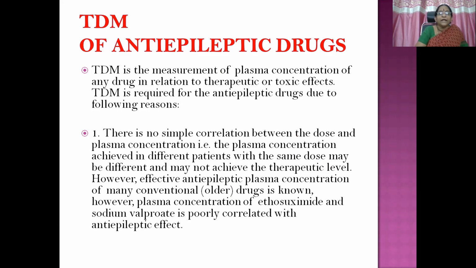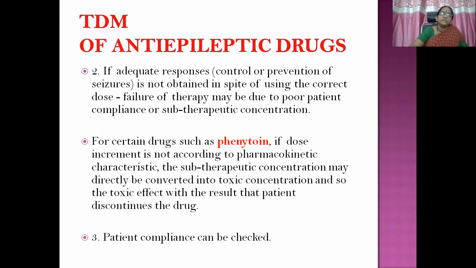The effective anti-epileptic plasma concentration of many conventional or older drugs is known, whereas the plasma concentration of ethosuximide and sodium valproate is poorly correlated with anti-epileptic effect. So the dose and efficacy are variable among patients. That is one reason we need to go for TDM.